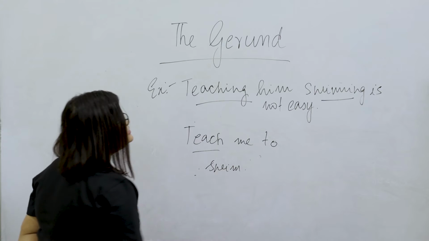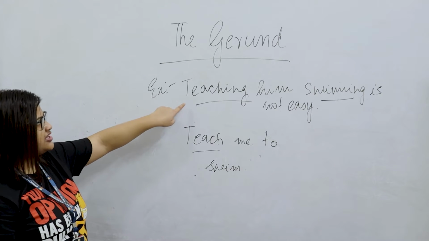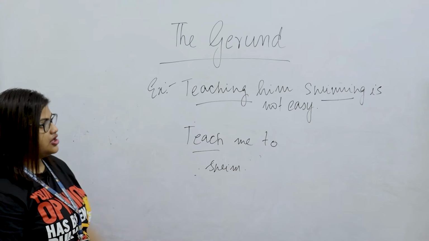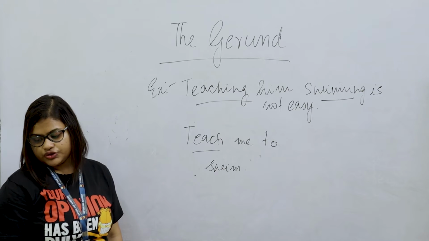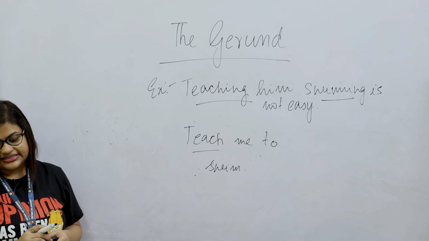So in both the places we are using the word teach. This is being used as a gerund, and here we are using this as a participle. So there isn't much difference in both the sentences.